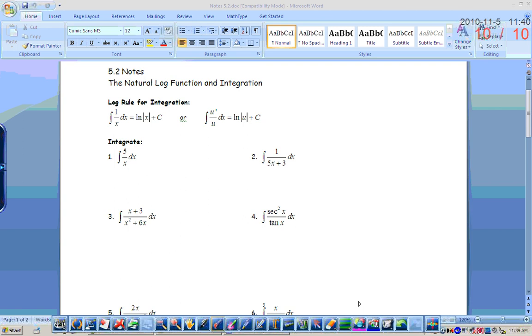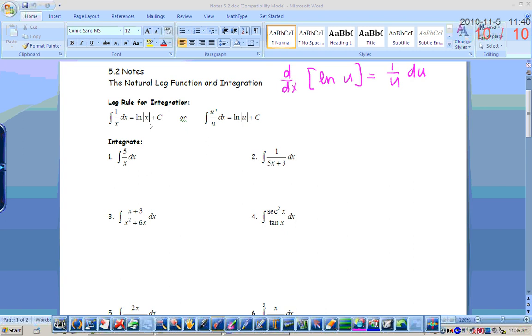All right, so recall that the derivative of the natural log of u is 1 over u and then times du, or times u prime. So if we have 1 over x dx, its integral should be the natural log of x.